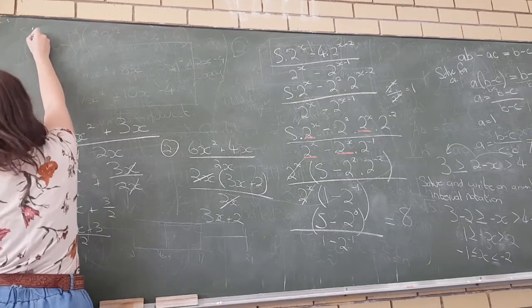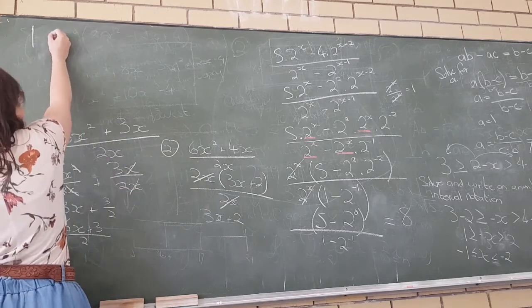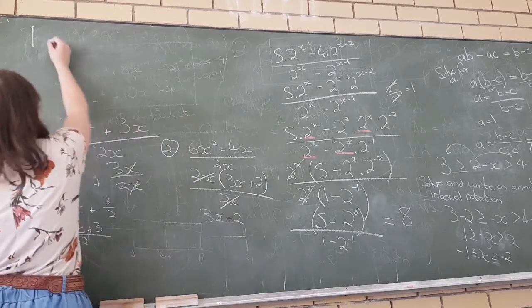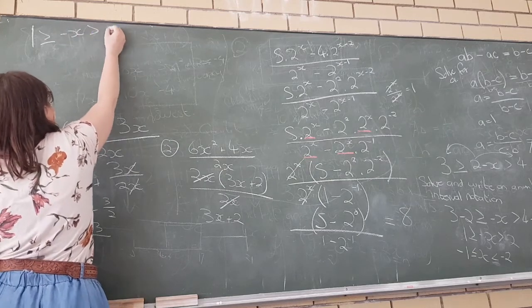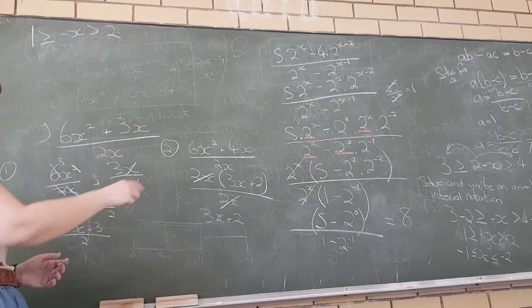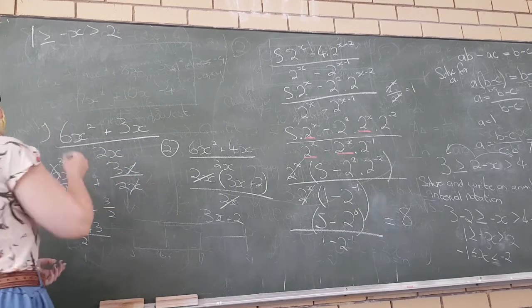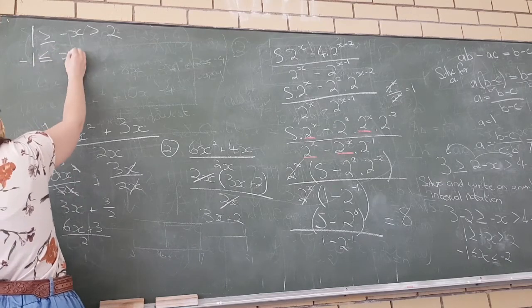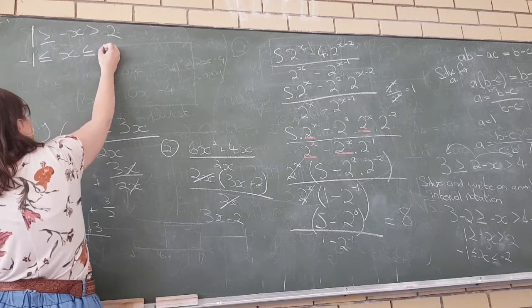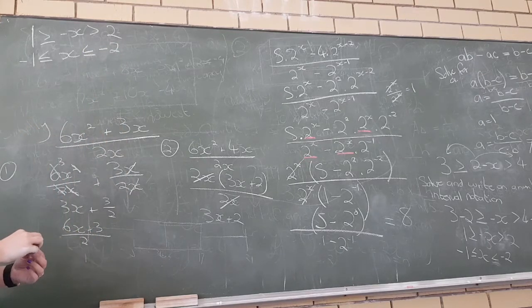I have 1 is greater than or equal to minus x is greater than 2. That's what I'm left with. Then I need to get rid of the minus x. So I make it minus 1 is less than or equal to x, less than or equal to minus 2. Do you see that? When I times by minus, my crocodile changes direction.